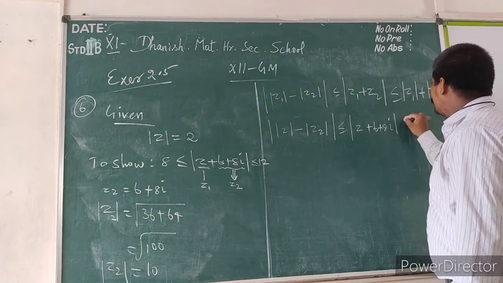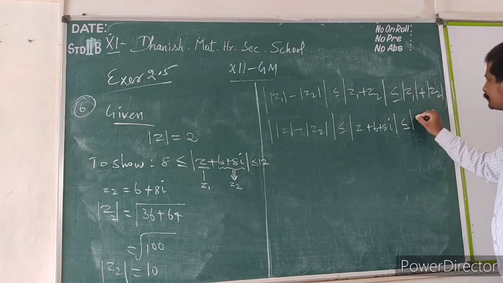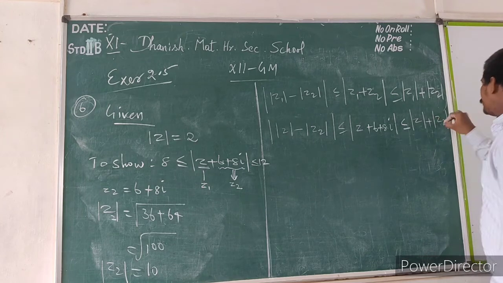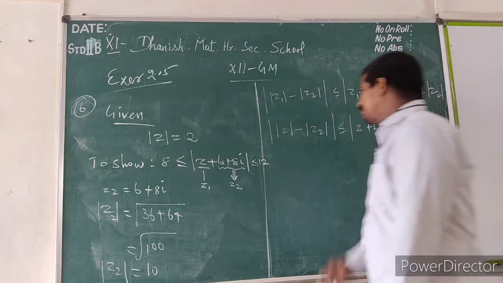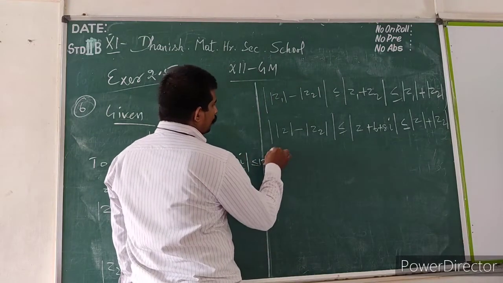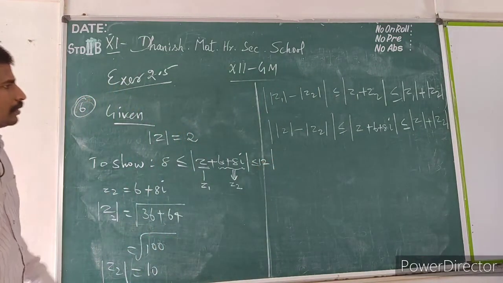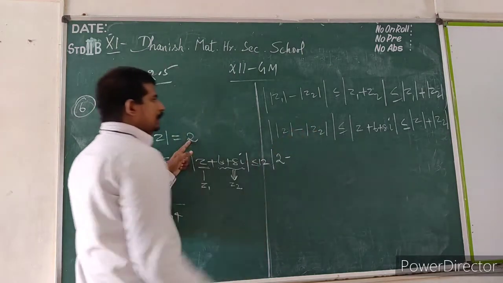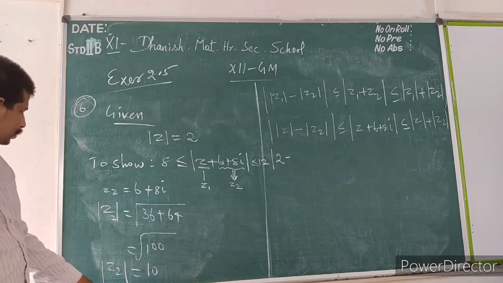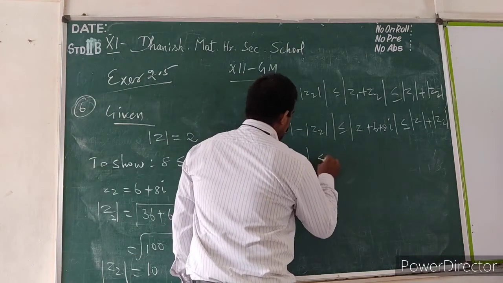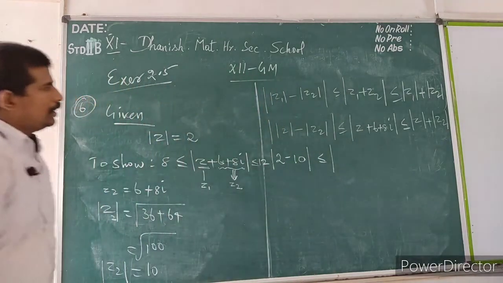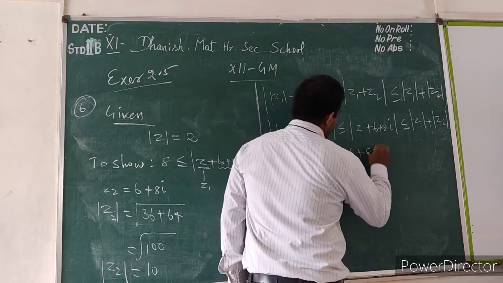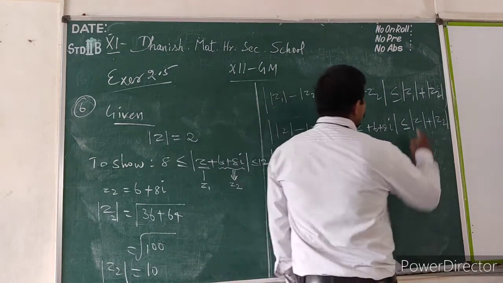So modulus z minus modulus z2 is less than or equal to modulus of z plus 6 plus 8i, which is less than or equal to modulus z plus modulus z2.